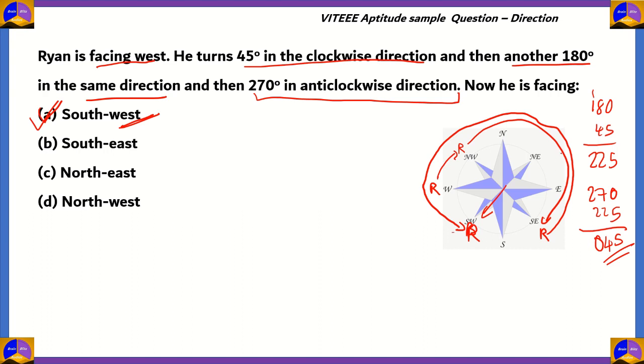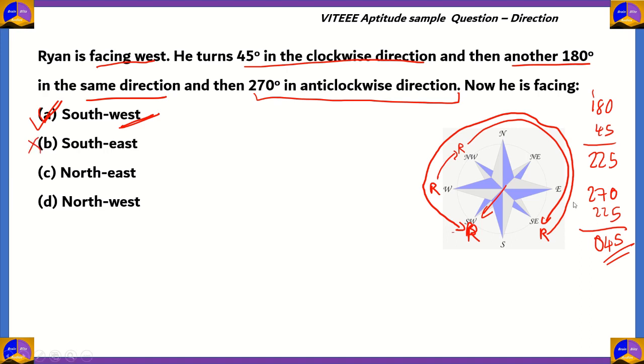One way is to use the cardinal directions and then find out the angles at each stage. Another way is, since we have 45 and 180 in the clockwise sense and 270 in the anti-clockwise sense, we just subtract the lesser angle from the greater angle, take the difference, find out its direction, and find out the final direction that he's facing, which means 45 degrees from west, anti-clockwise. That will mean southwest. So option A, southwest, is the correct option.